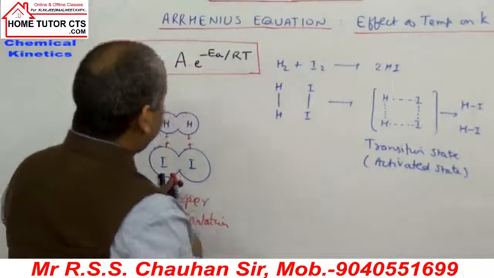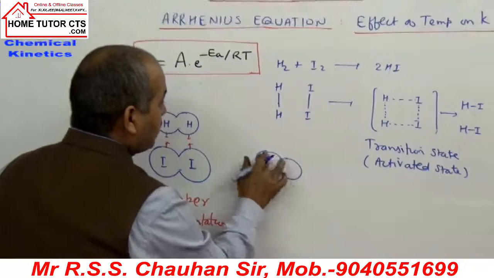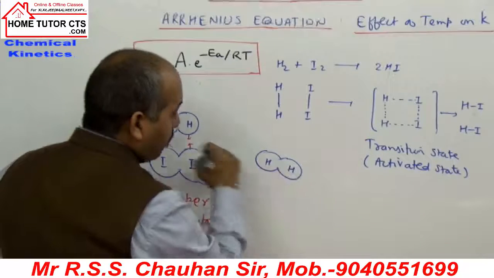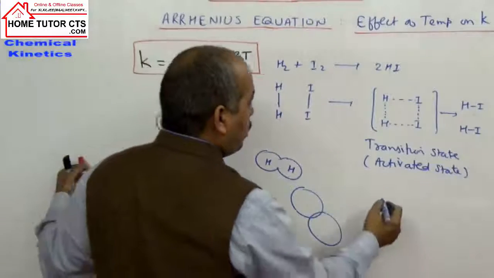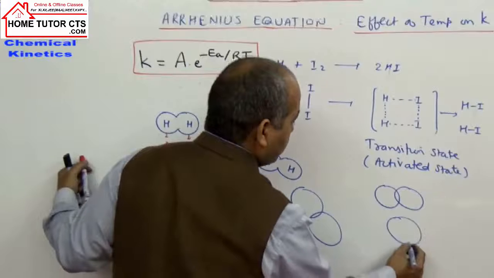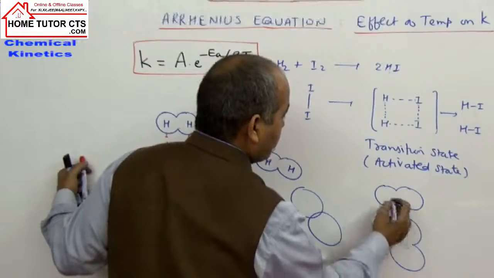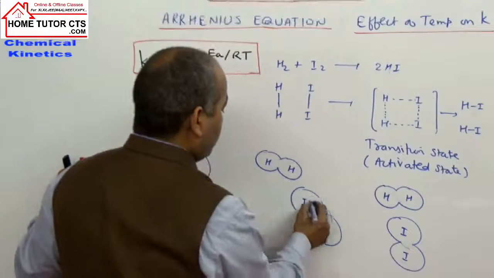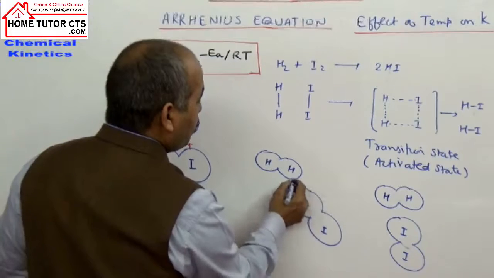Here, if I take the second example, where molecules are having improper orientation, this is the H2 molecule, and it is the I2 molecule. Now they can collide only in one position.